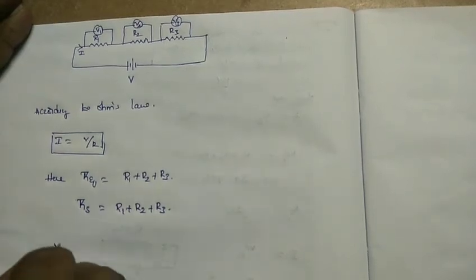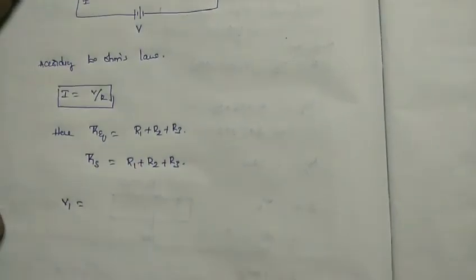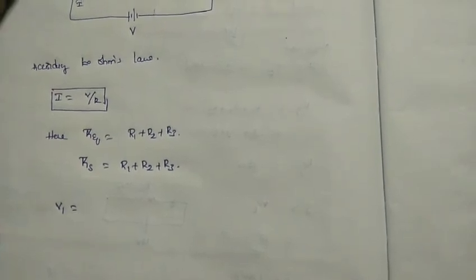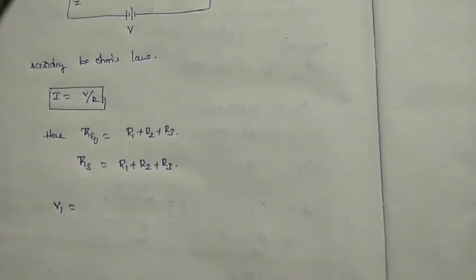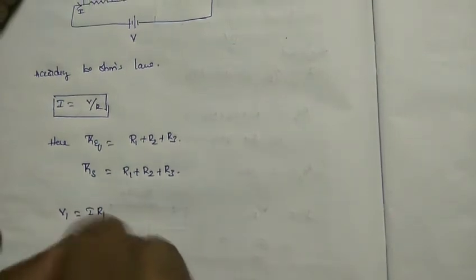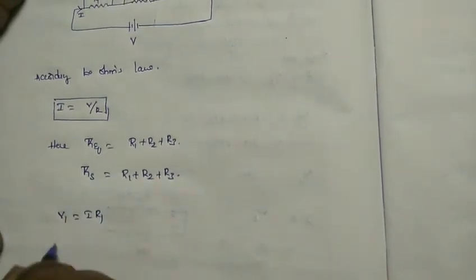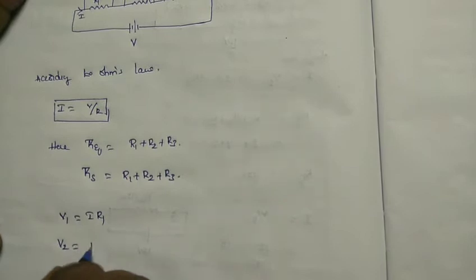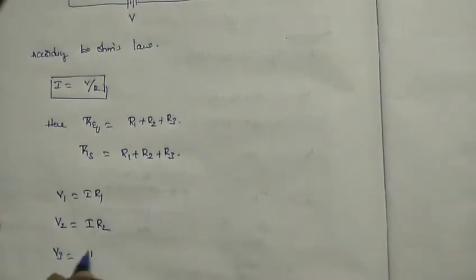Therefore V1 is equal to, you know the formula, V is equal to I R, so I R1. V2 is equal to I R2. V3 is equal to I R3.